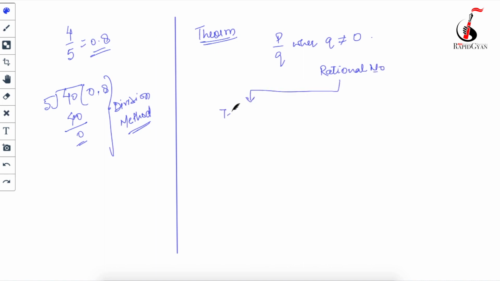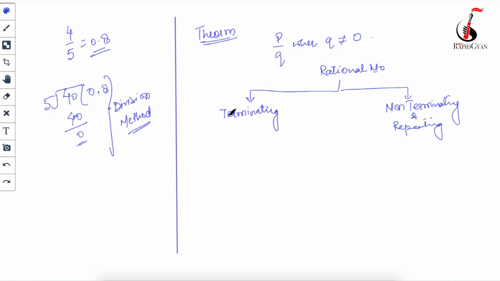One is terminating, another one is non-terminating and repeating. Listen very carefully, guys.